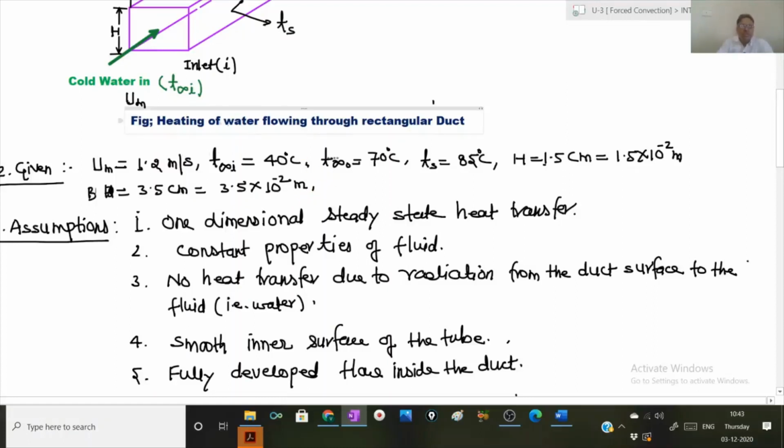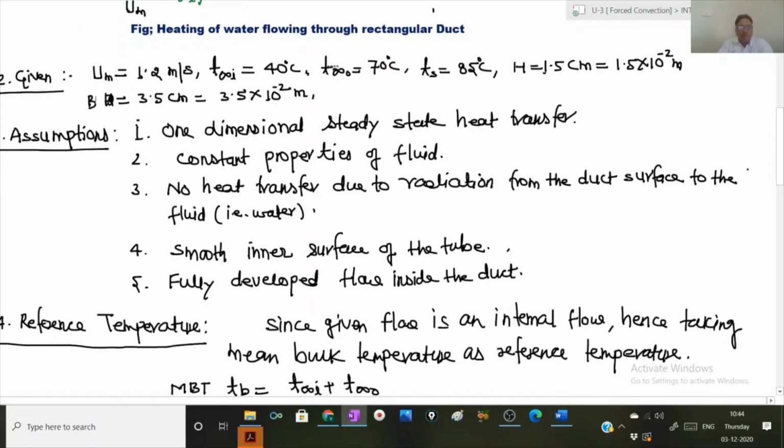After drawing the schematic and enlisting all the given variables, let us make some assumptions to solve this problem. Assumption number 1, one-dimensional steady state heat transfer. Assumption number 2, constant properties of fluid. Assumption number 3, no heat transfer due to radiation from the duct surface to the fluid, that is water.